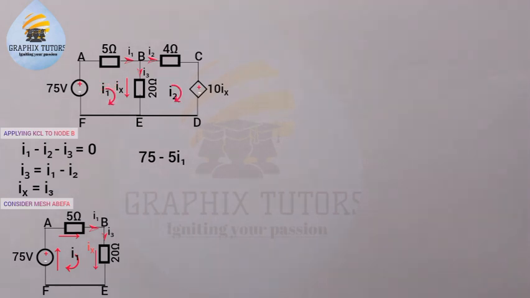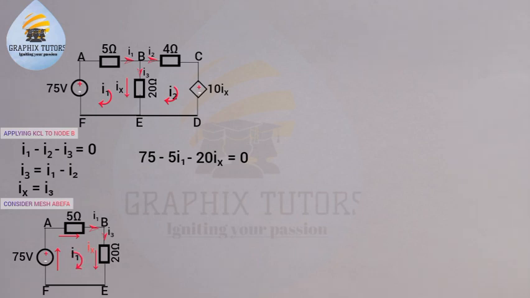Now we are coming down also here, which will give me my Ix, coming down in this way and going in the same direction. Come here, I'm going clockwise in this manner, and I'm going in the direction of the current, so I'll have a negative voltage. So it will be 20, the resistance of the resistor there, times Ix, that gives negative 20Ix equals 0. We know our Ix is given as I1 minus I2.